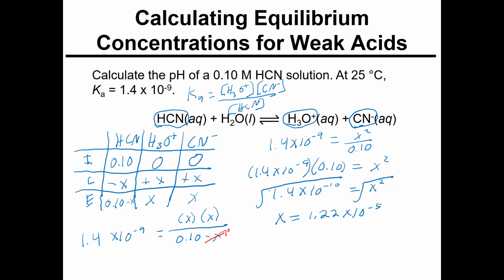Now, technically, when you take a square root of something, you get a positive and a negative result. But the negative result doesn't really matter here, because you can't have a negative concentration. That's not physically possible. So we just ignore the negative and only take the positive square root.